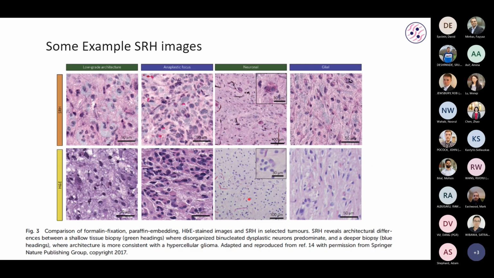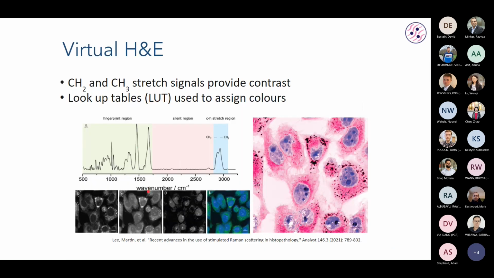Is there a way to scan the tissue directly without staining? This is without staining. It's false colored, right? It gets some colors, but this is just a mapping. The raw output is these images on the bottom here, for example.